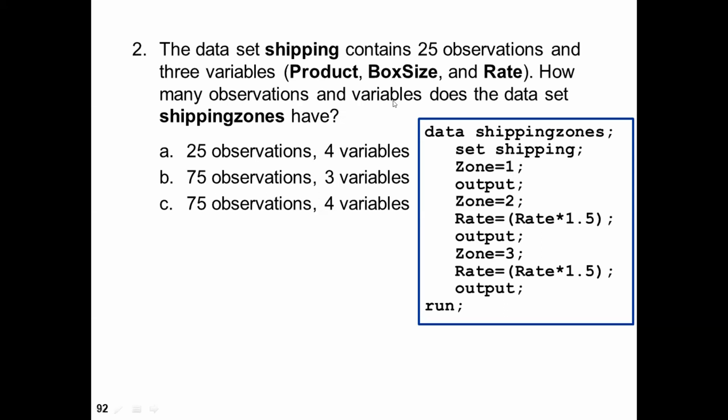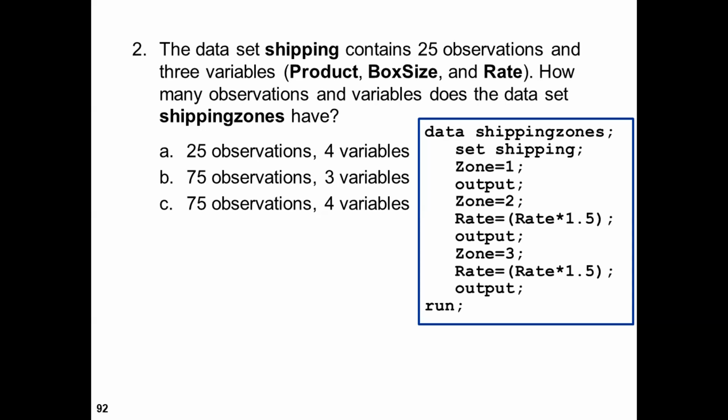I think B, 75 observations and 3 variables. Okay, because we are not creating any new variable, right? Oh, no, here 4 variables. Sorry, zone should be there. So my answer is C, 75 observations and 4 variables.